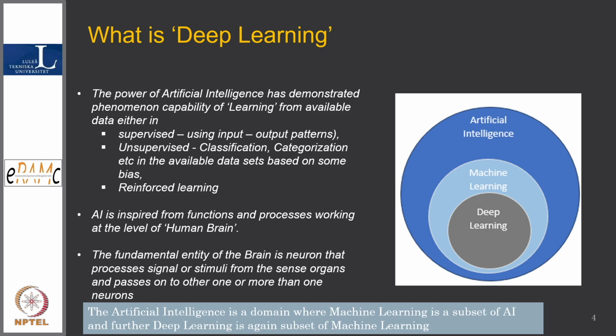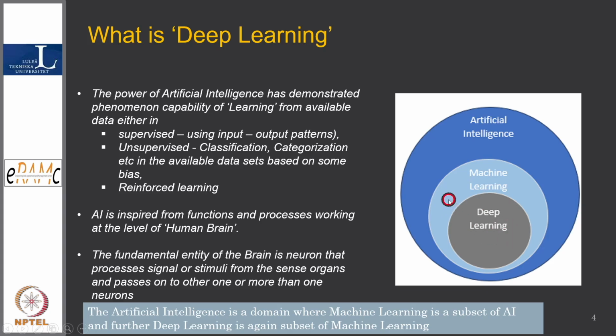But all those issues have been resolved. So now we have artificial intelligence, machine learning is a subset of artificial intelligence, and deep learning is a subset of machine learning. When we talk of deep learning, these are the things supporting the deep learning approaches.